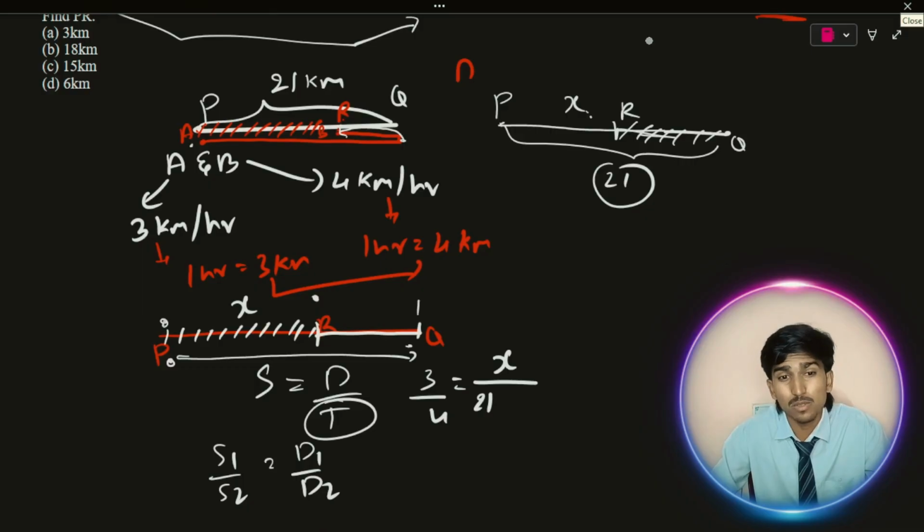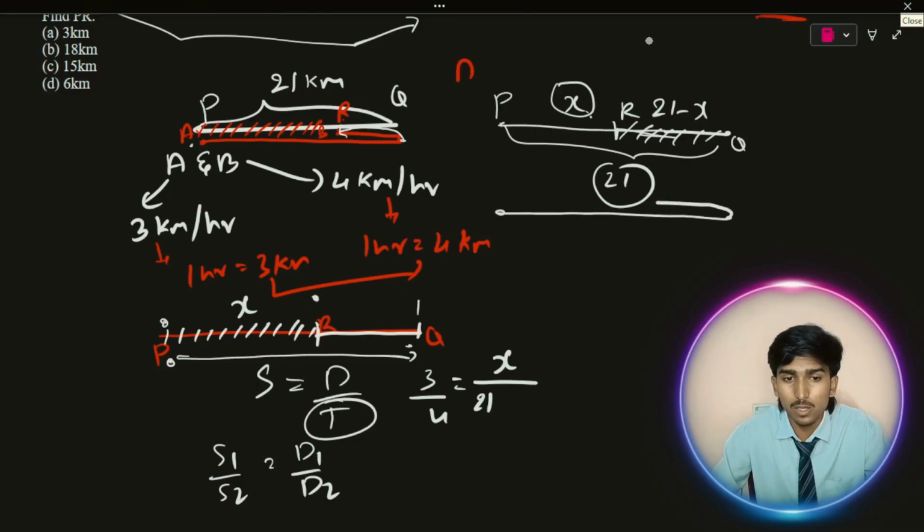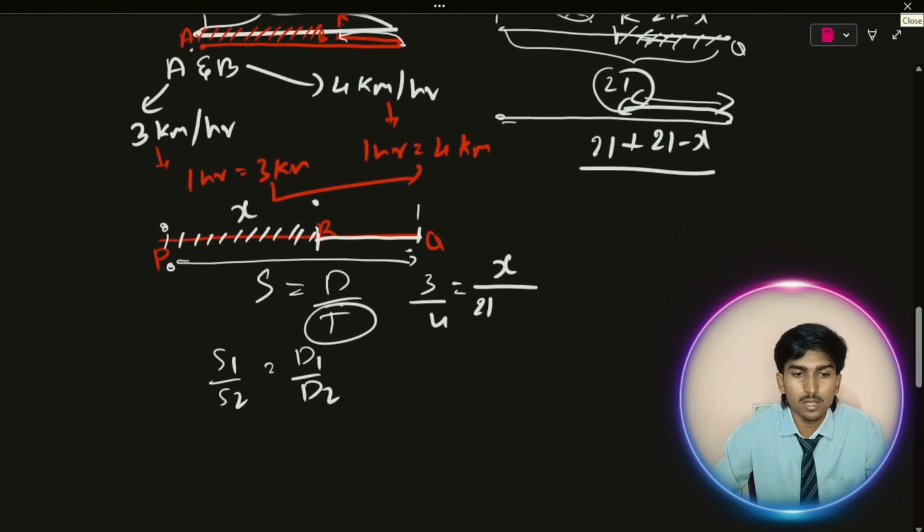B came to Q and again to R, so the total is 21 plus this part. What is this one? 21 minus x. This is the d2 distance. Just put here 21 plus 21 minus x.